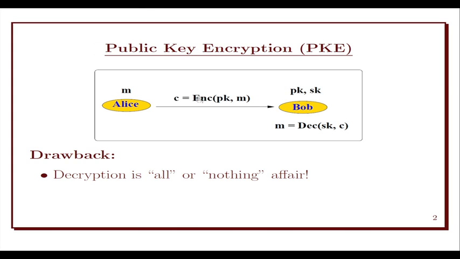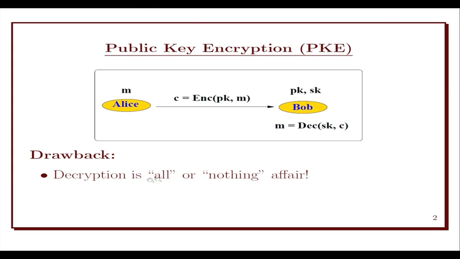Upon receiving this ciphertext C, Bob has the corresponding secret key, which is SK. So Bob will apply the decryption algorithm on this ciphertext using this secret key and get the message. This is the public key encryption scheme, and the drawback is that if this is the right key SK, then Bob will get the full message, otherwise nothing.